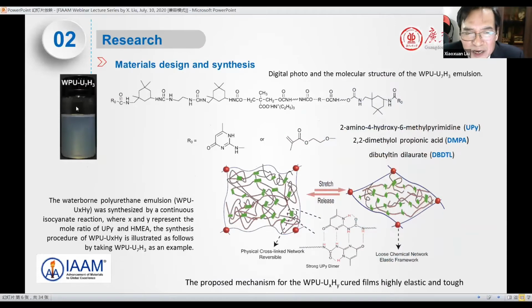So we can see the synthesis route of the material design and the synthesis. This is the PU structure, and the end groups are APDI and PUs, and the middle structure is MTDI.